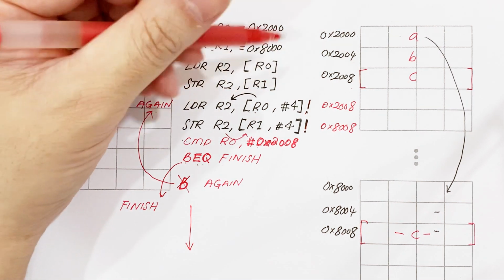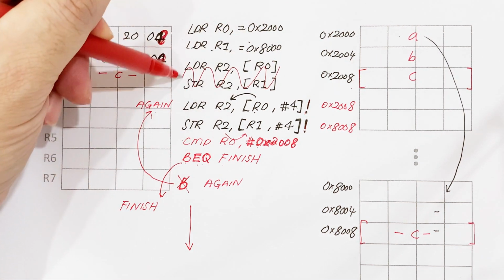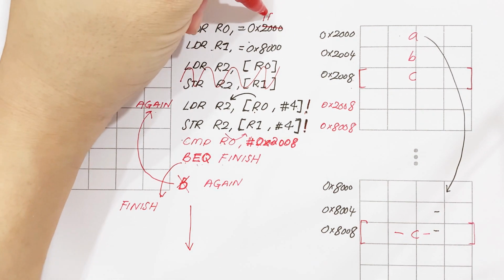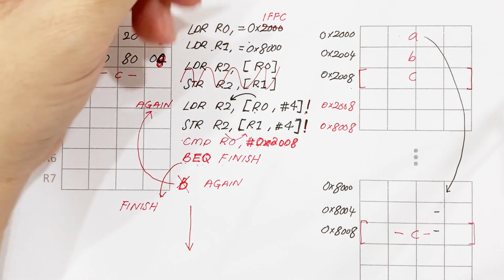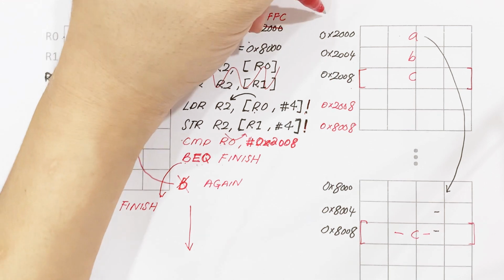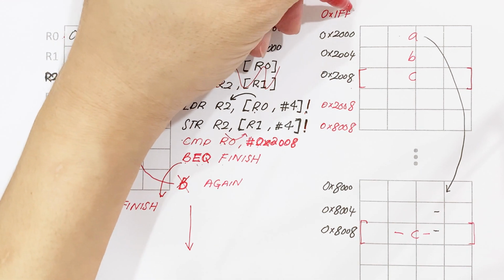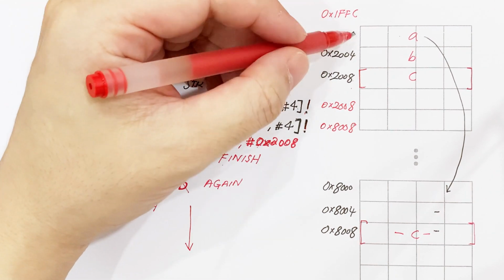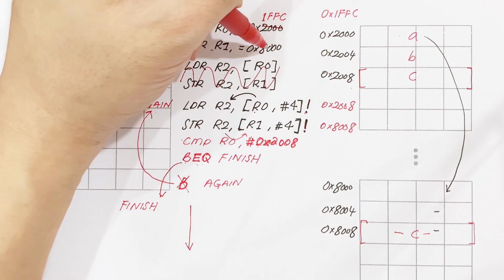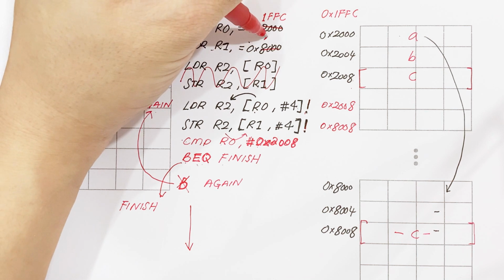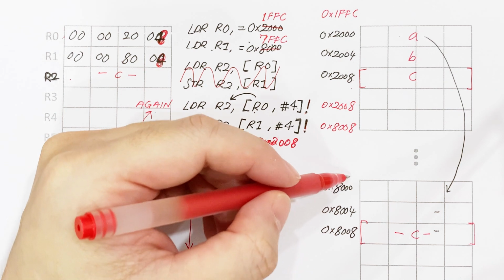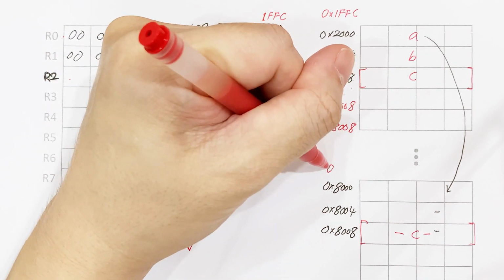So if we want to get rid of these two, another way to do it is by initializing our starting address. Instead of 2000, we start with somewhere 4 bytes before 2000, which is 1FFC, and also we start with 7FFC, which is 4 bytes before 8000.